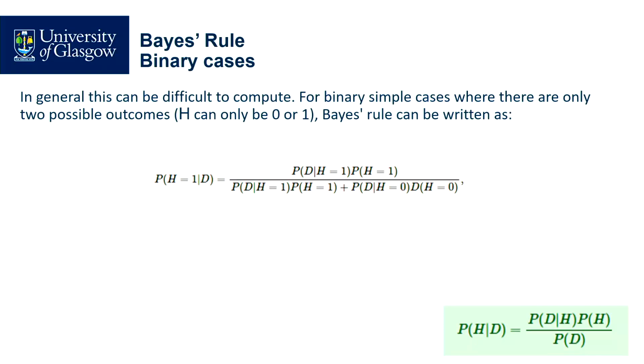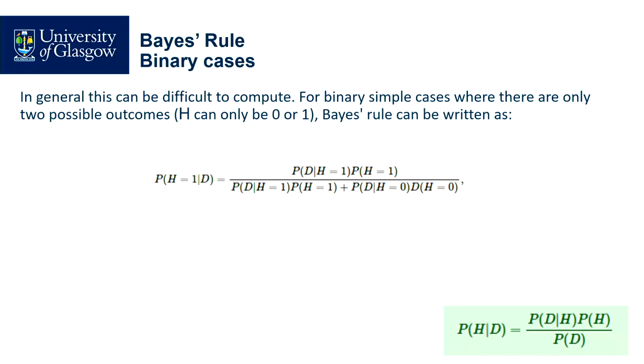So basically this is what you end up with. The probability that the hypothesis is true is equal to the probability of the data given that the hypothesis is true, multiplied by the prior probability that the hypothesis is true, divided by the sum between the probability of the data given that the hypothesis is true, multiplied by the prior probability that it's true, plus the probability of observing this data if the hypothesis actually were false, multiplied by the probability that this hypothesis is false.